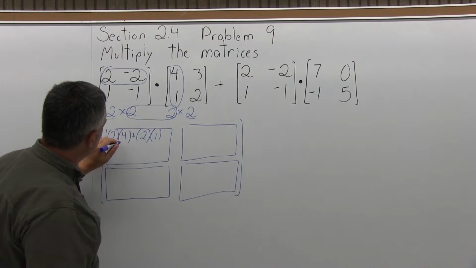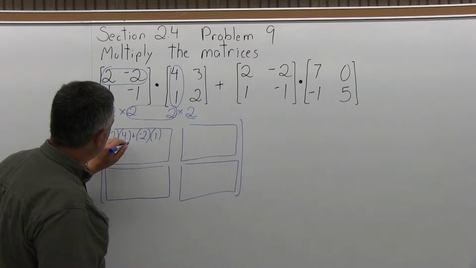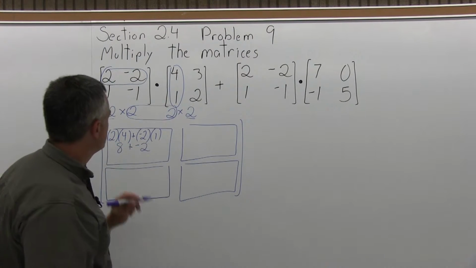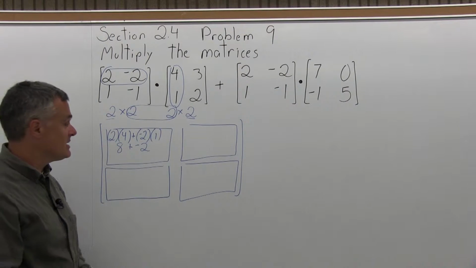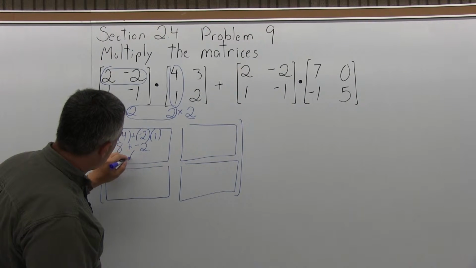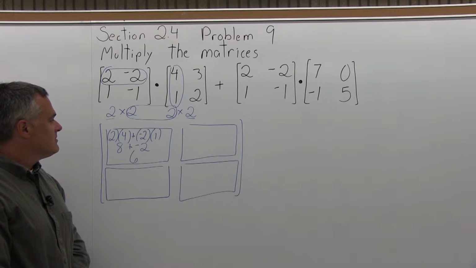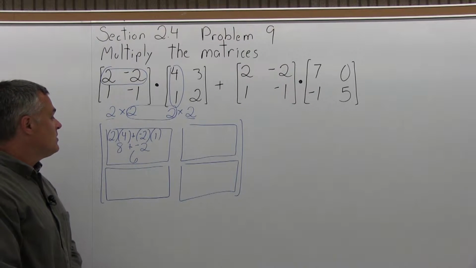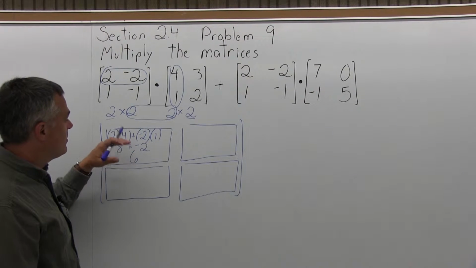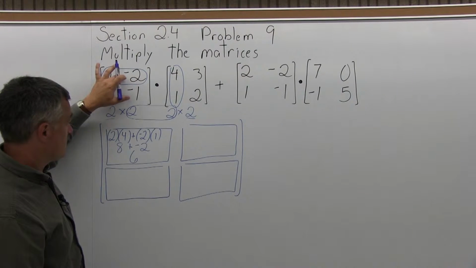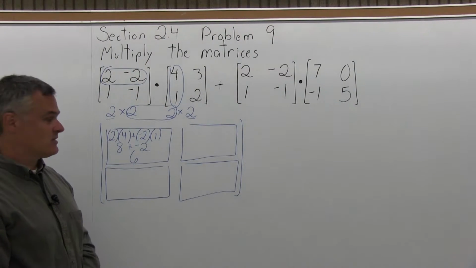So first times first, 2 times 4 gives me a result of 8, plus second times second, -2 times 1 is -2. So 8 plus the -2 is really 8 minus 2. Gives me an answer of 6. And now, where did the 6 go? It went in the top row and first column of the solution because I multiplied the top row of the first matrix times the first column of the second matrix.